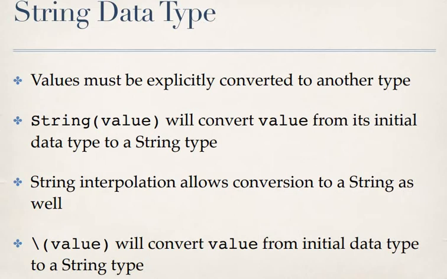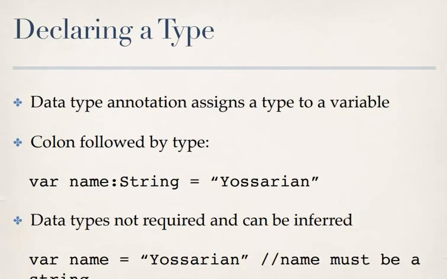String data types. The string will convert a value from its initial data type to string type. The values must be explicitly converted to another data type. Declaring a type.